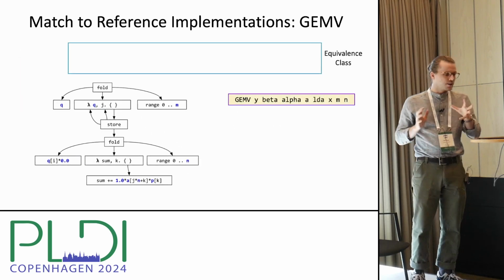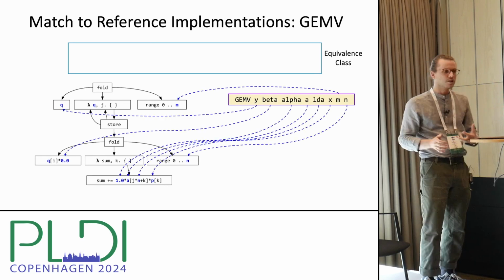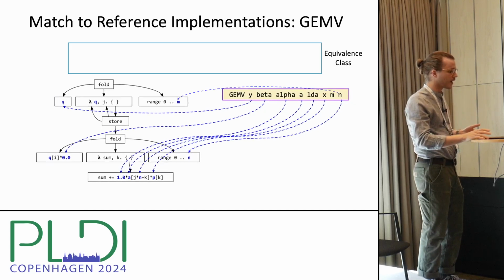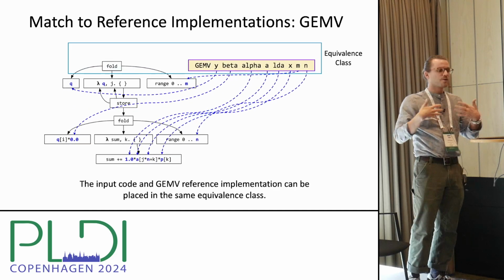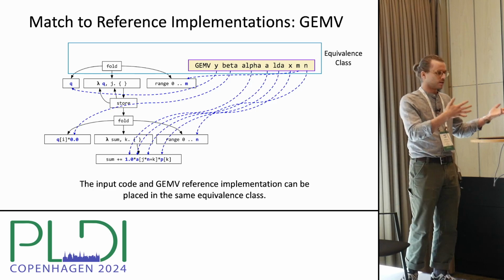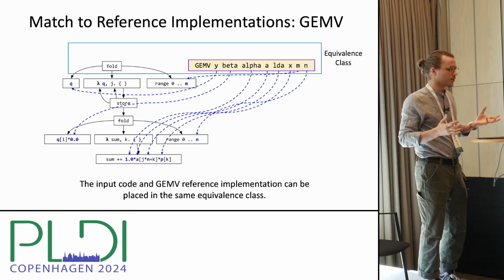And now, because of the rewrite rule we had before, we can e-match on these two symbols and assert that, OK, now they're in the same equivalence class. In other words, we've proven that our input code has this mapping to what we call a GEMV.